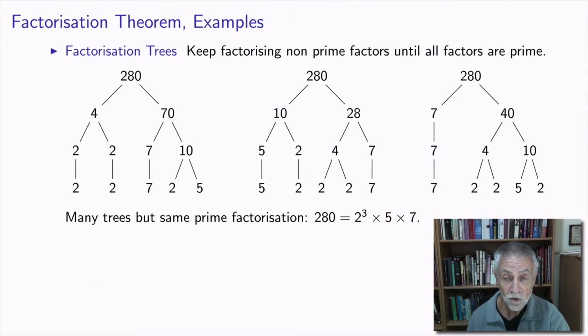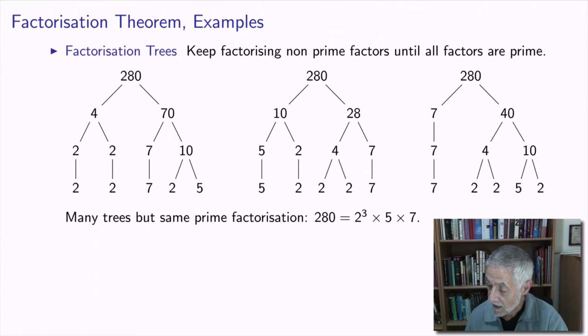So let's just do one more. Let's write 280 as 7 times 40. 40 I'll factor as 4 times 10, and 7 was prime, so it's just 7.